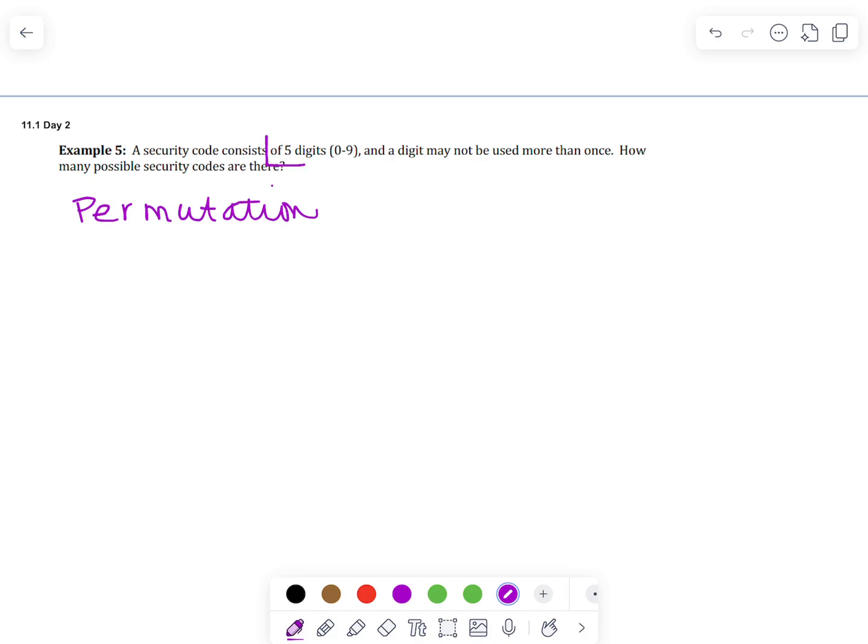So we have 5 digits. So that is our r. And then the total to start off with is 10.